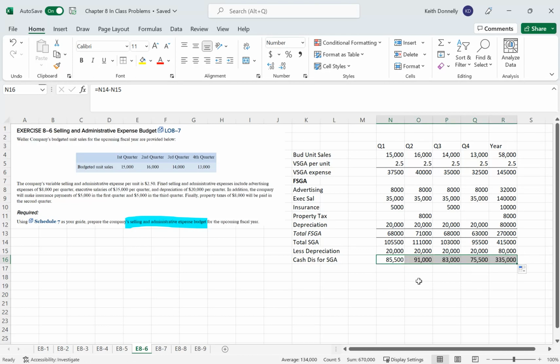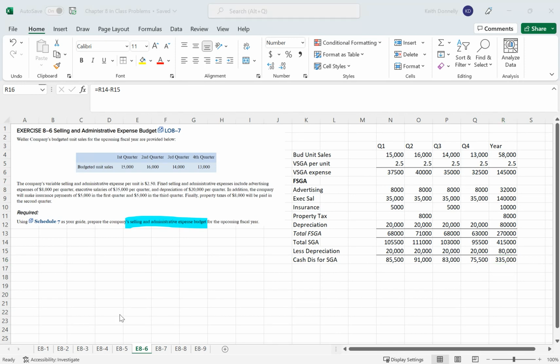To reverse that out, in this amount right here, the 105, it includes the depreciation. We got to back that out, the 20,000, to show us we spent 85, 91, 83, 75, 335. Okay? So again, a lot of line items there. It's just being specific, plugging it in where it goes.